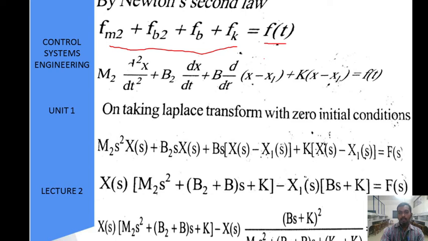We have already known the value of X1 of s from the previous one: X1 of s equals (b s plus k) by (m1 s square plus (b1 plus b) s plus k1 plus k), times X of s.